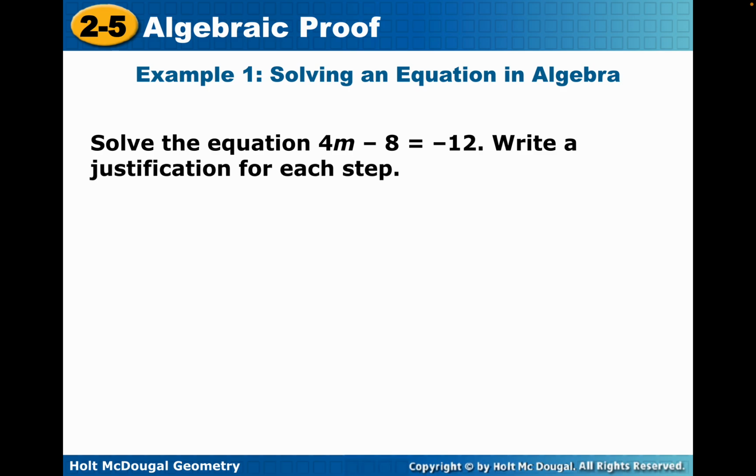Our first statement is we always put what we are given. In this one, it tells us we need to solve 4m minus 8 equals negative 12. That's what we're given, so I'm going to put that right here. Then my reason, most of the time, is going to be one of those properties.